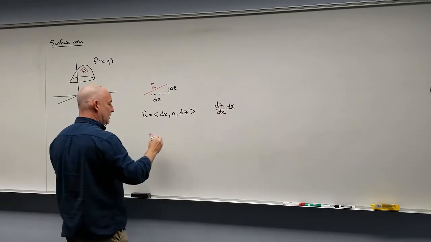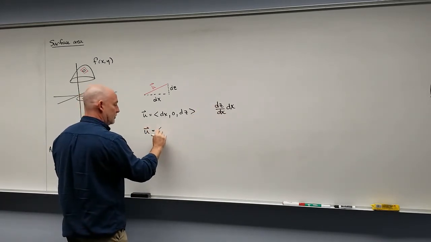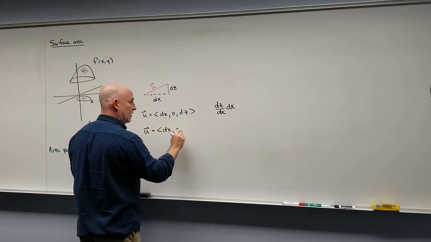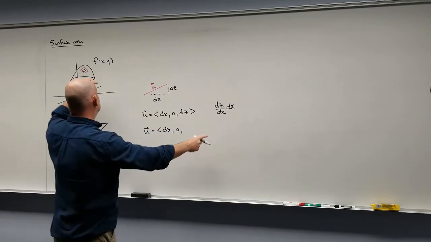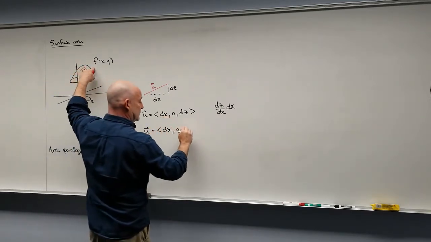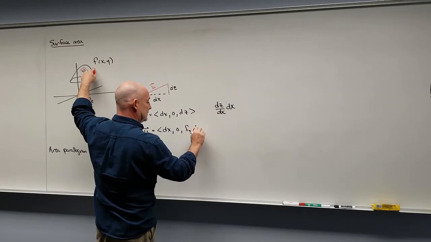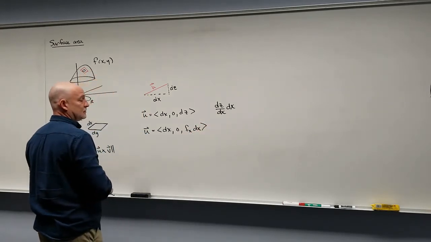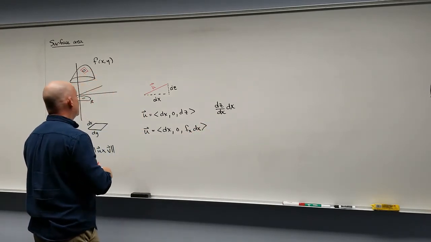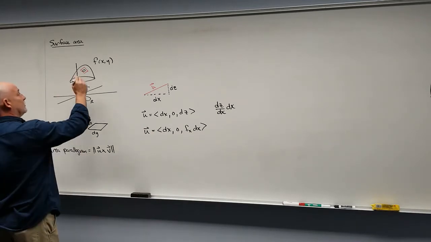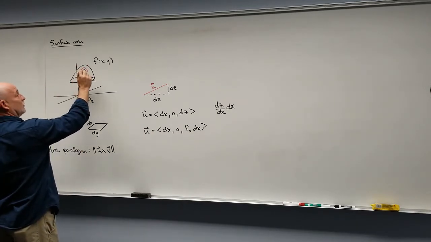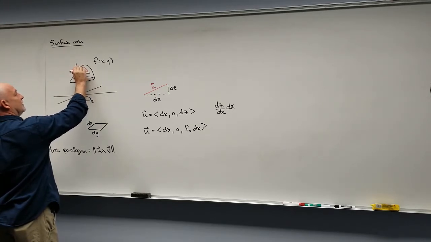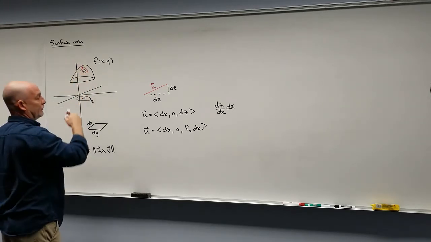So another way to write this would be dx, 0, and, since z is defined as f, this would just be f sub x dx. Okay, so there's a vector u, and the way we have this picture drawn, we could say that this side was u, or the opposite side.